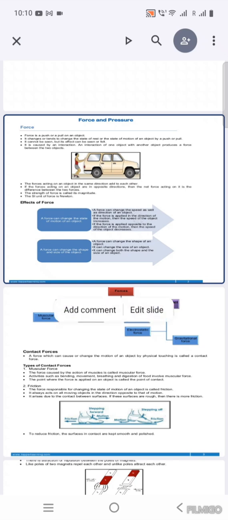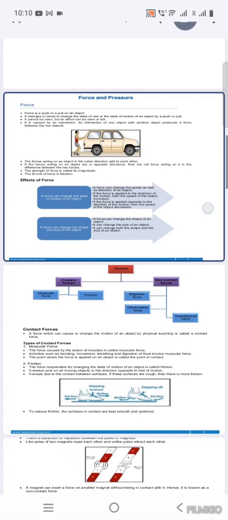We have discussed how force changes the direction of motion of an object, and how force changes the shape and size of an object. We also discussed that force has magnitude and direction both. That's why force is a vector quantity. And what is the SI unit of force? The SI unit of force is Newton.